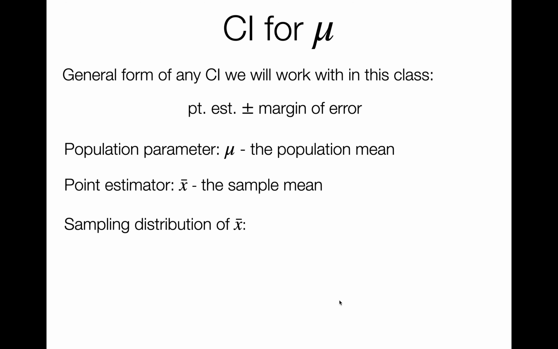Now, as you remember from last time and from lesson 6, an important part of making a confidence interval is understanding how X bar behaves. Whenever you take a sample, or think about taking a bunch of samples, say I sample 100 people, I calculate the mean of those 100 people.